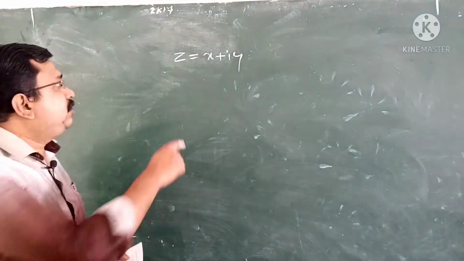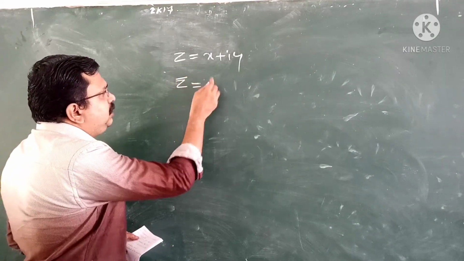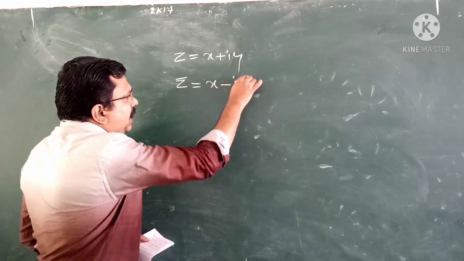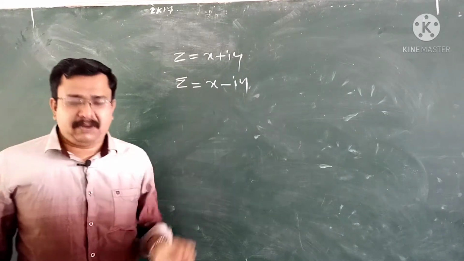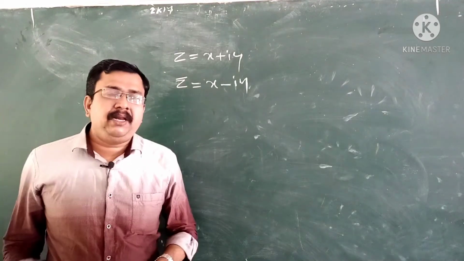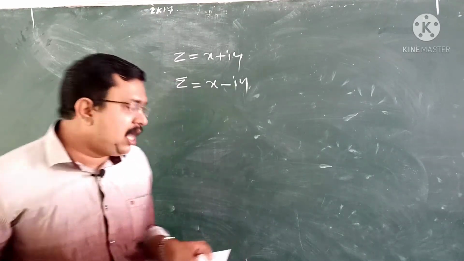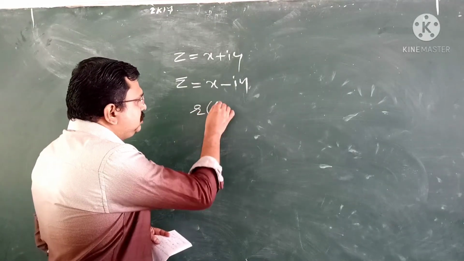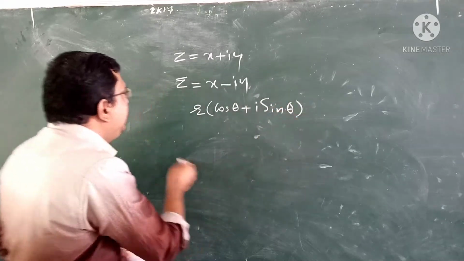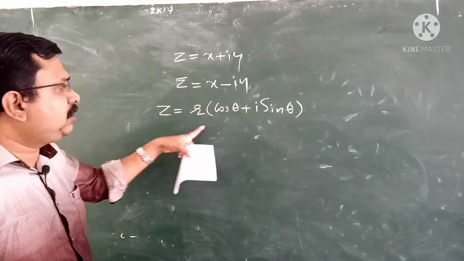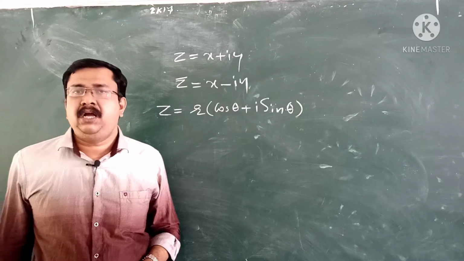Remember, z equal to x plus iy, then z bar or conjugate of z is x minus iy. Another important thing is the polar form of a complex number is r cos theta plus i sin theta. That is z equal to r cos theta plus i sin theta. This is called the polar representation of the complex number.